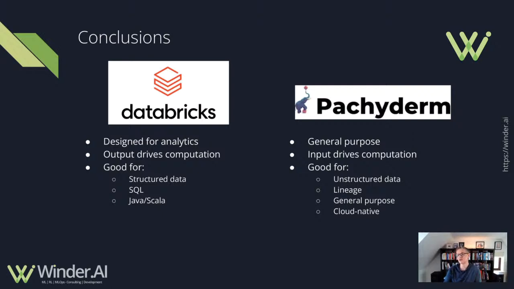So it's got some really strong governance credentials as well. It's very general purpose. It has some very open interfaces. It's very easy to work with, and it's cloud native, which I personally prefer. It prevents some of the lock-in that you can get from using some of the cloud vendors' managed services.